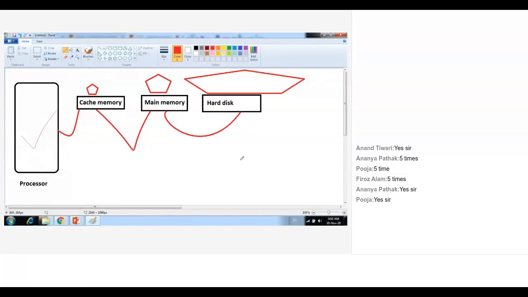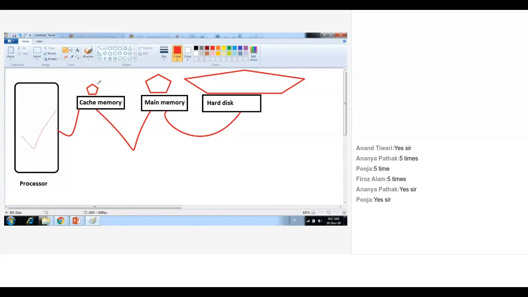So now you are able to understand how this is working. Yes or no? Come on. Yes sir. I guess you have a clear picture now. And if someone asks you why cache memory is faster, you have two reasons. First, it is closer to the processor. Second, it is a very small container, and it is very convenient to search for something in a very small container.